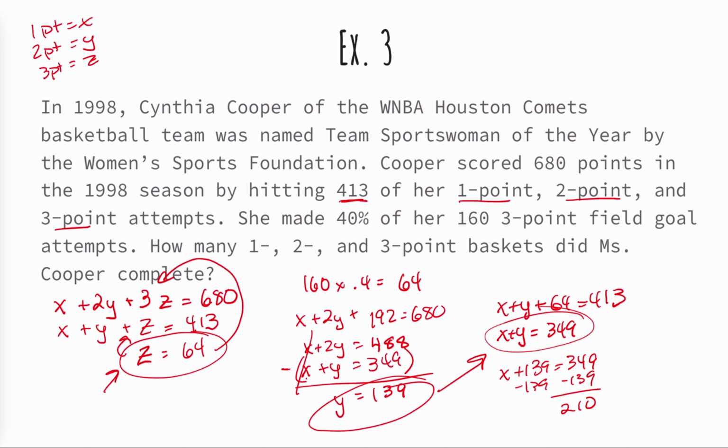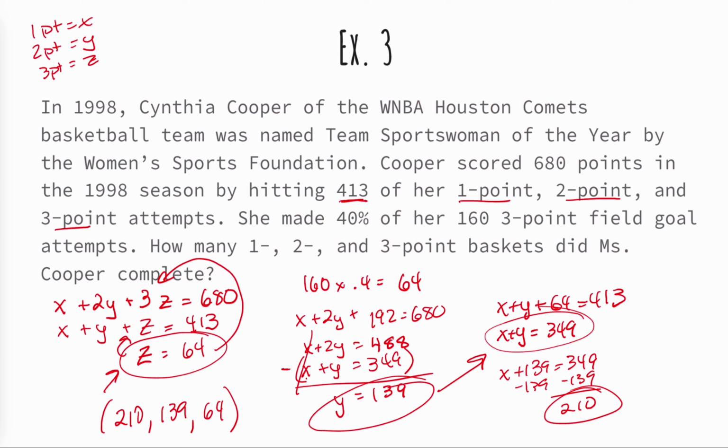It's 139 plus 64... is 413. Yeah. So there's my x. So I have 210 1-point baskets, whatever team we're playing, and 139 2-pointers and 64 3-pointers.